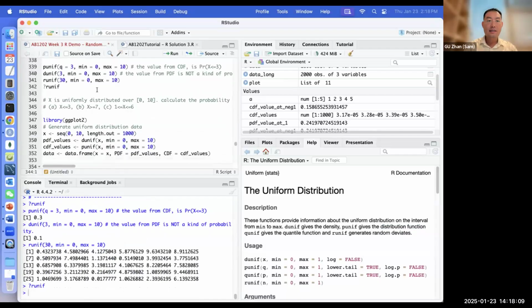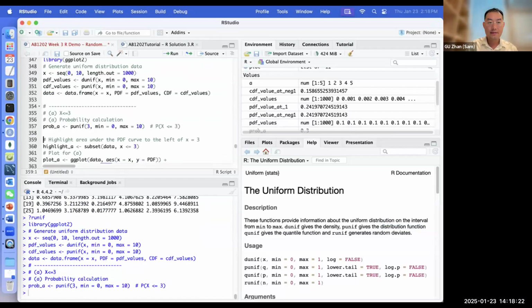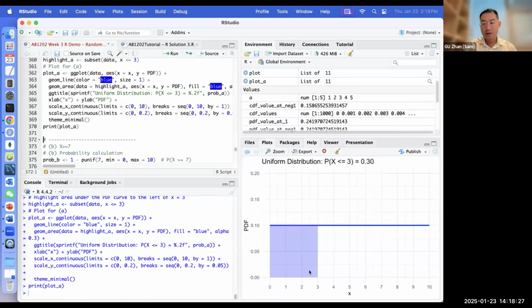Now, X is uniformly distributed over 0 to 10. Calculate the probability that X is less than or equal to 3. So let's look at that. X equal to 3, highlight the area. The total area under the curve is 1, so this range is 10 times 0.1, which is exactly 1.